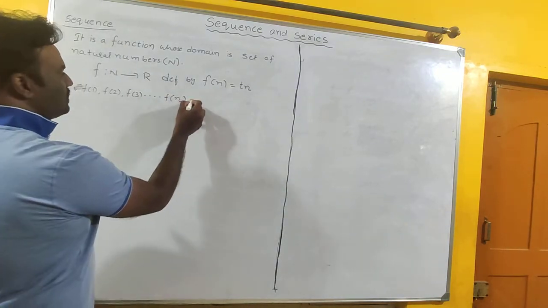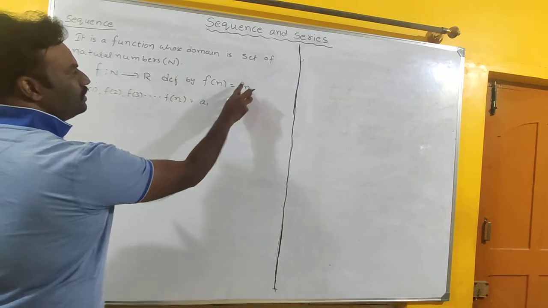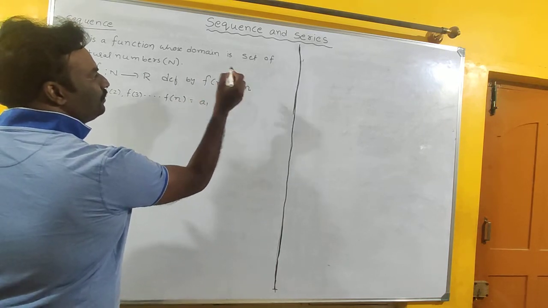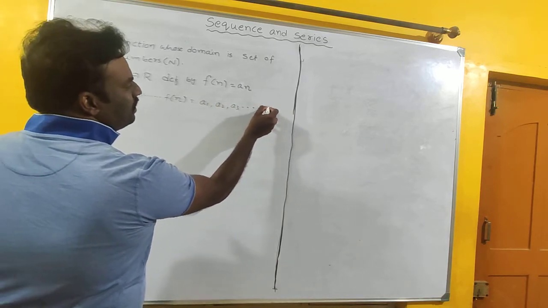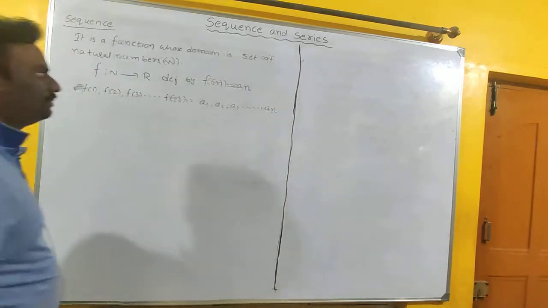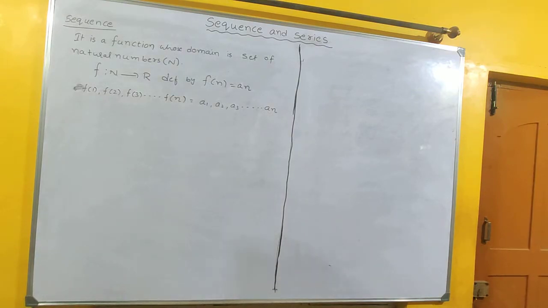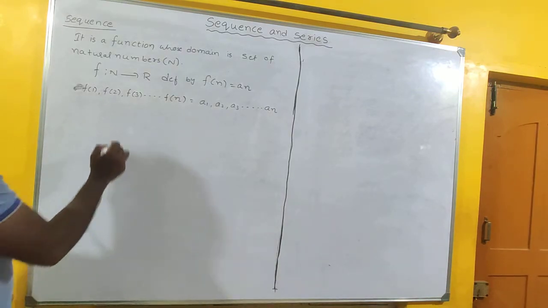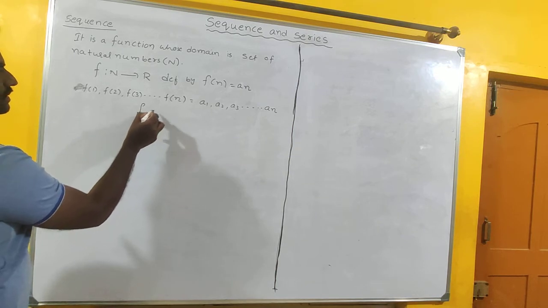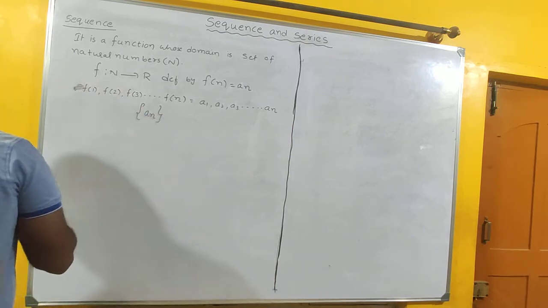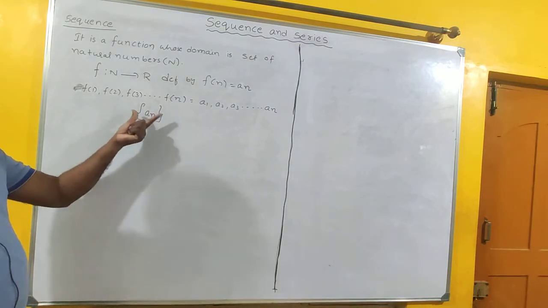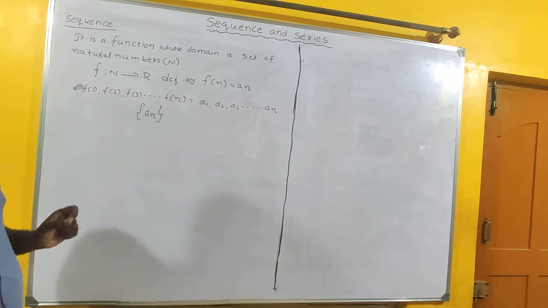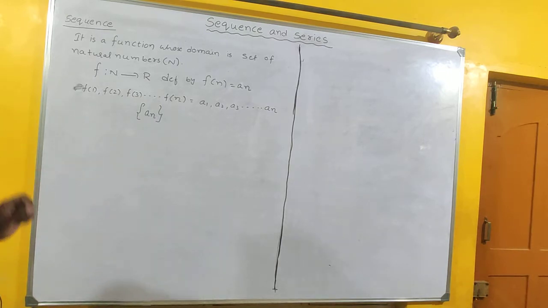This can be written as a1, a2, a3 and so on, an. That's why it can be represented as a set bracket {an}. The sequence is denoted like this.